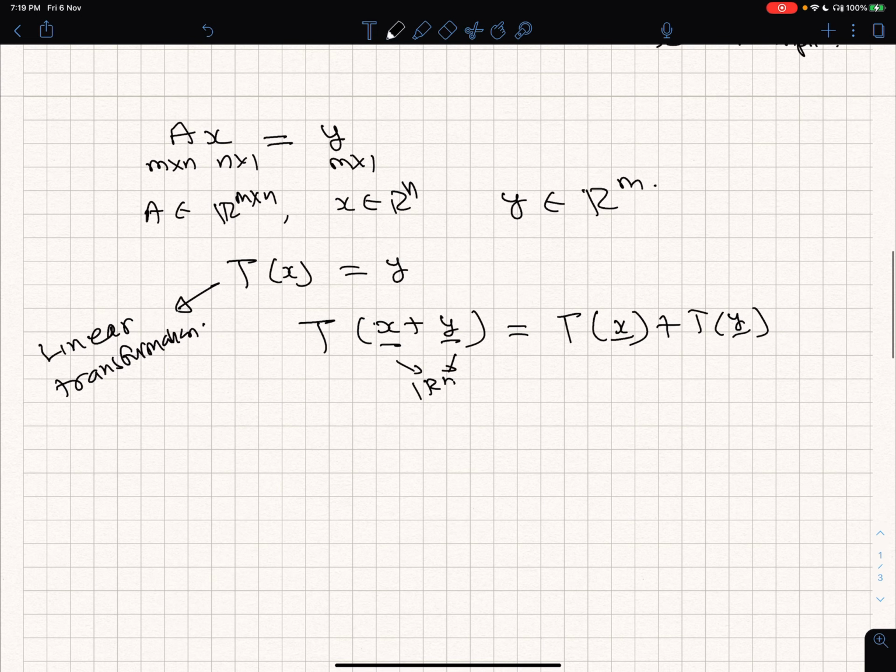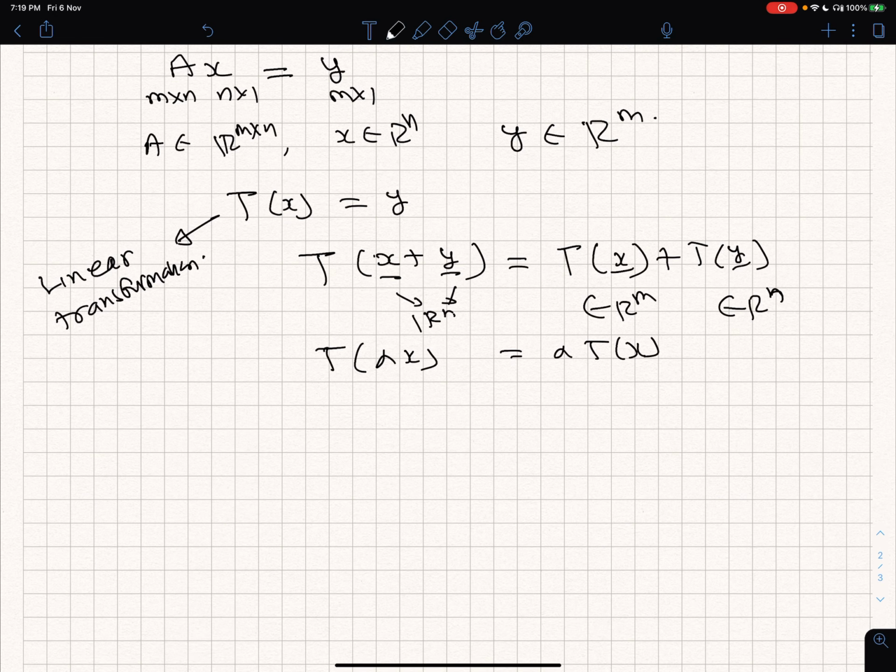Now these are vectors in Rm. In our case, these are vectors in Rm, but this should happen. Now look at A as a linear transformation, and the other thing that should happen is T of alpha x should become equal to alpha times T of x.